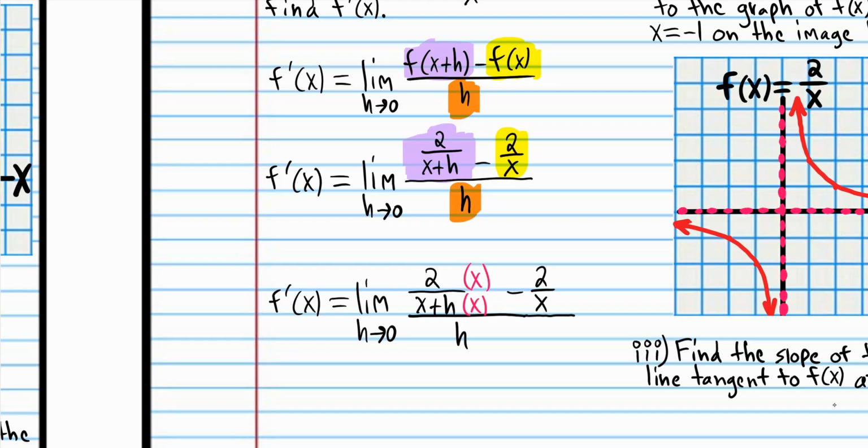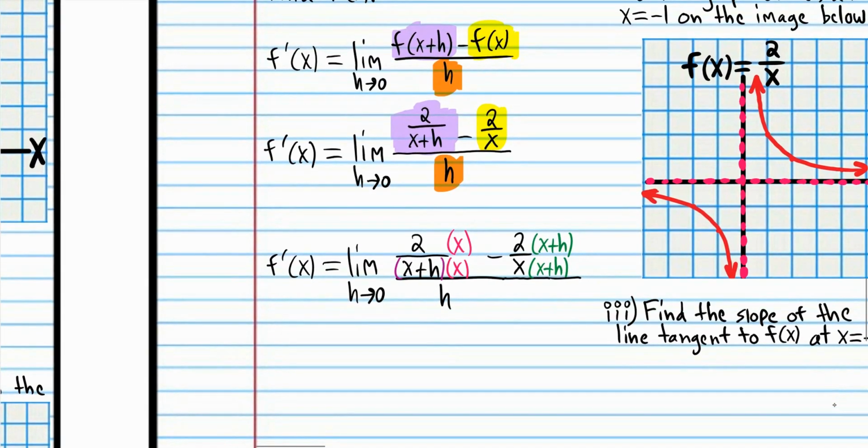And when I do that, I have to use purple parentheses around the x plus h. I know you don't want to, but you have to. Then we're going to multiply both sides of the other fraction by x plus h. Why are we going to do that? Well, because now we have a common denominator. It's that simple. The denominators look exactly the same.